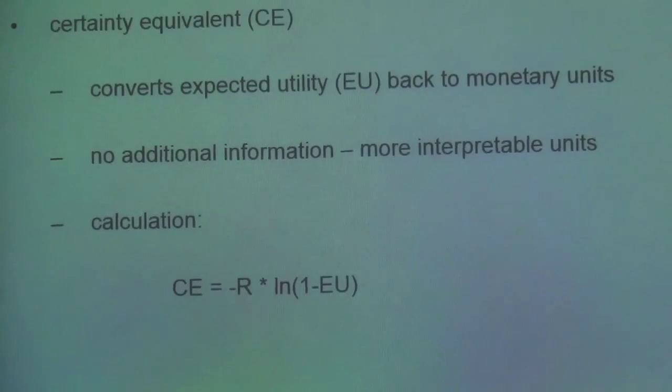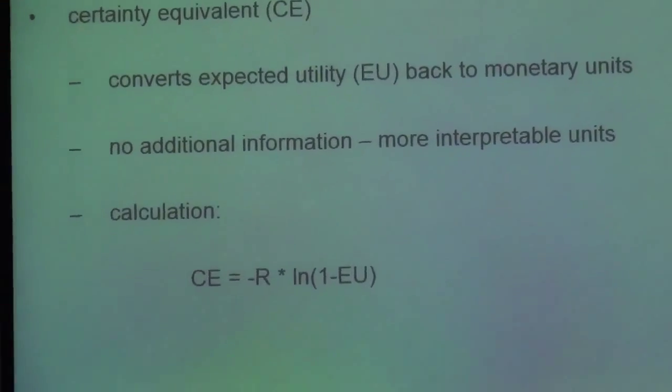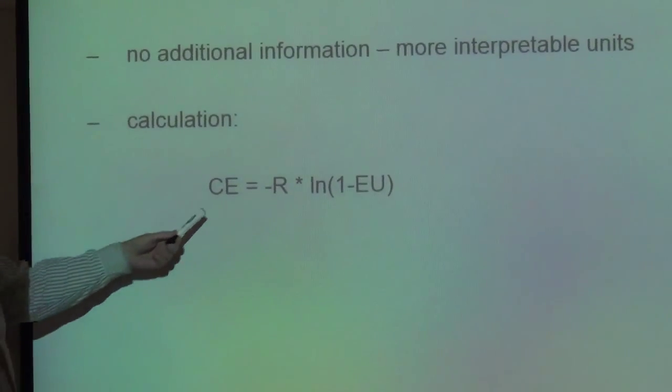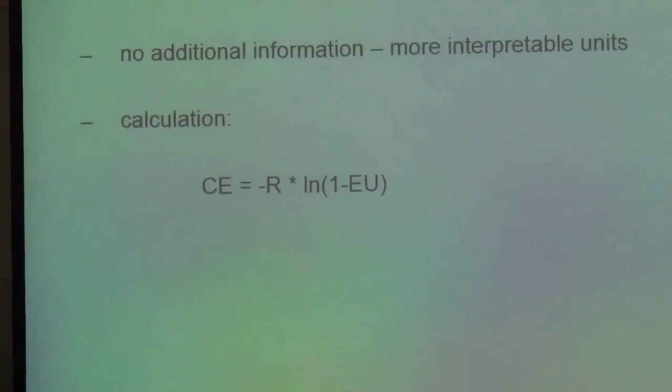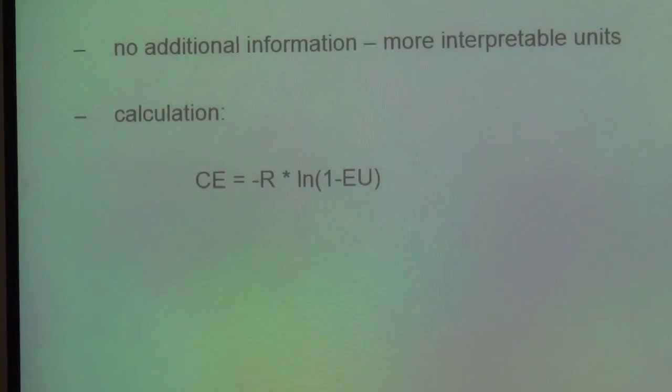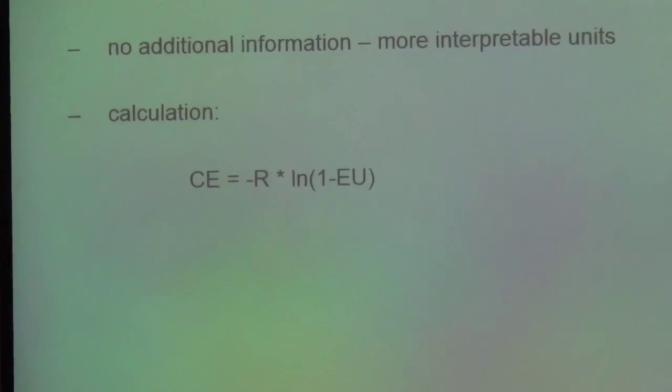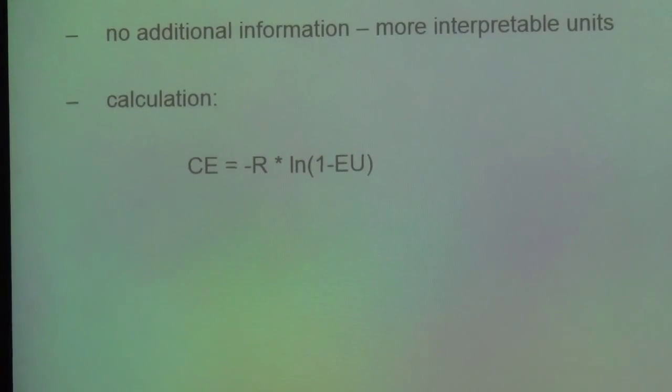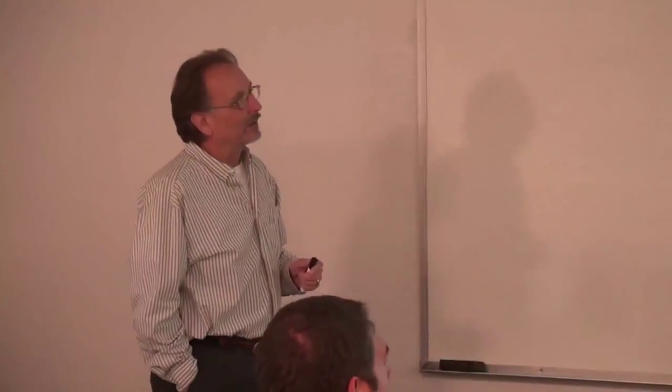It's basically the inverse function, the inverse transform. It's called the certainty equivalent, and what it does is translate your expected utility back into monetary units. But I don't want to talk about that too much because I don't think it's as useful as it's touted to be. So we'll stick with the utility function.